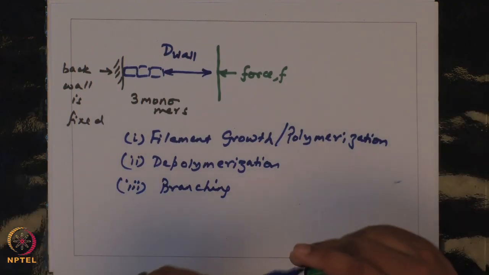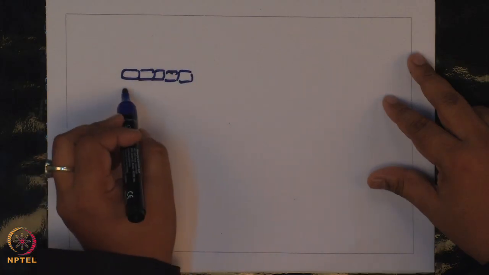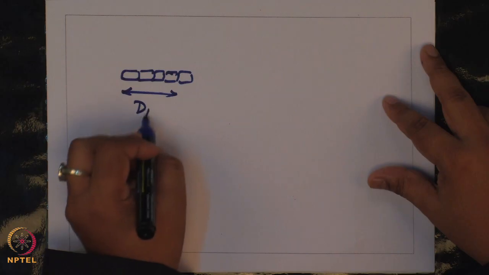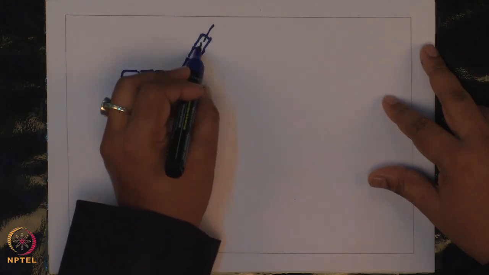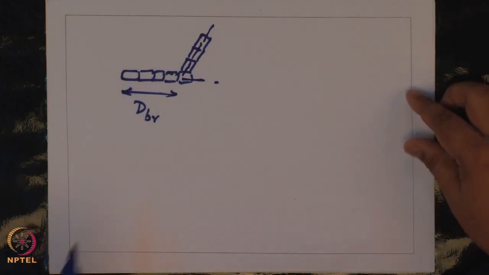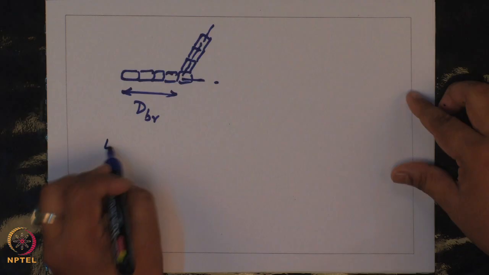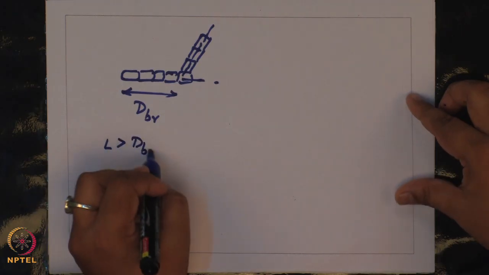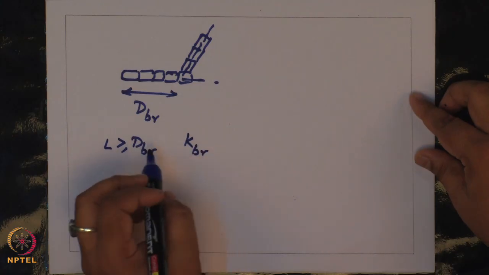And there is another length scale: you need a minimum distance of dBr before a new filament can form and branch from this point. In other words, for any filament length L greater than or equal to dBr, you have a finite probability, or a finite branching rate.